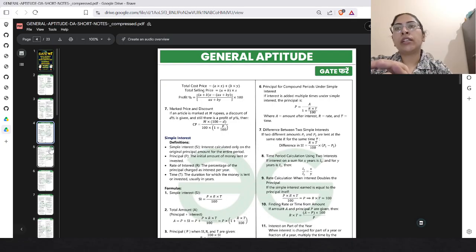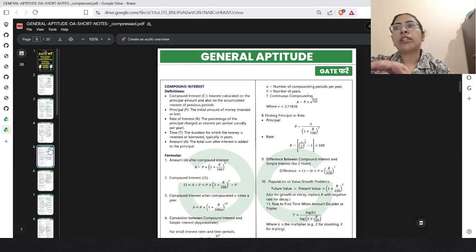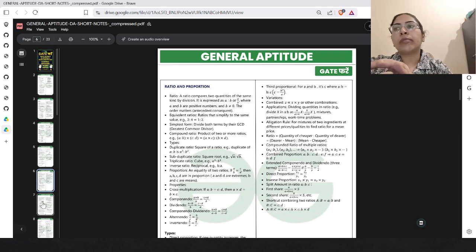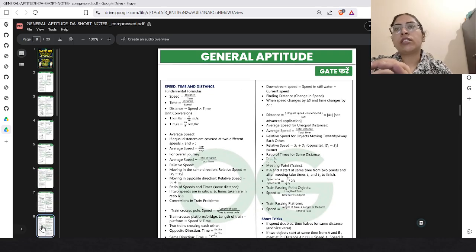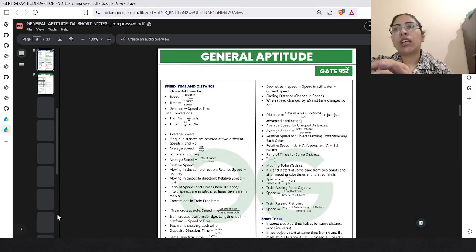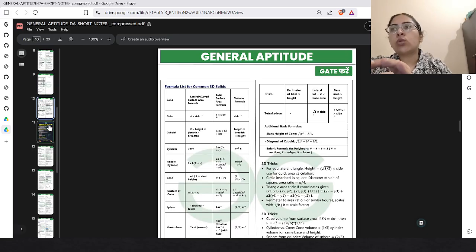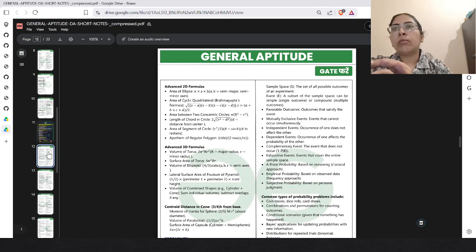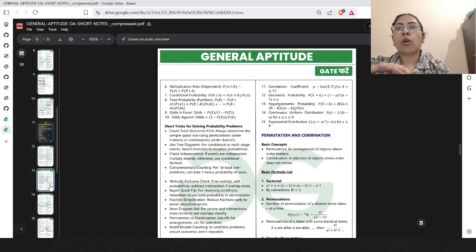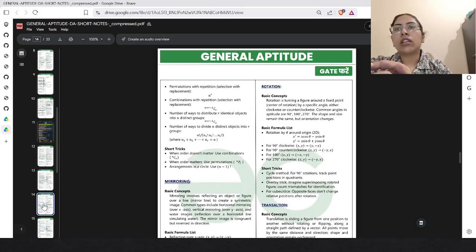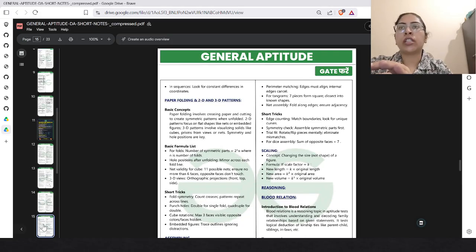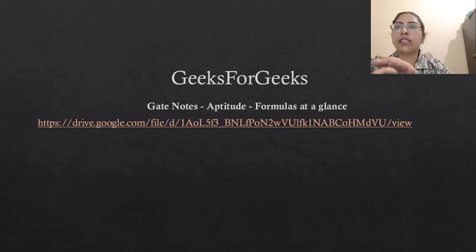Profit and loss, simple interest, compound interest, ratio and proportion, averages, speed, time, distance, mensuration, 3D solids. Many formulas are here. Shortcut tricks for probability and more. Everything is mentioned here. So this is also very helpful for formula revision.